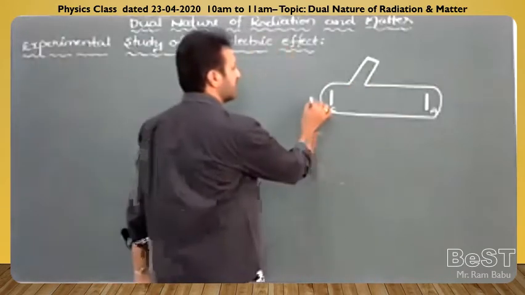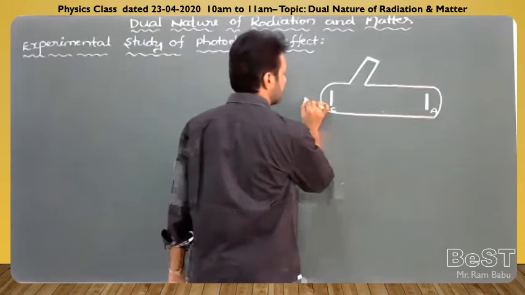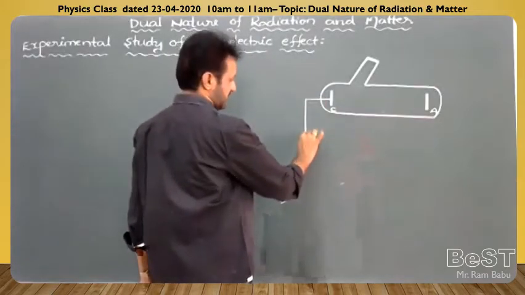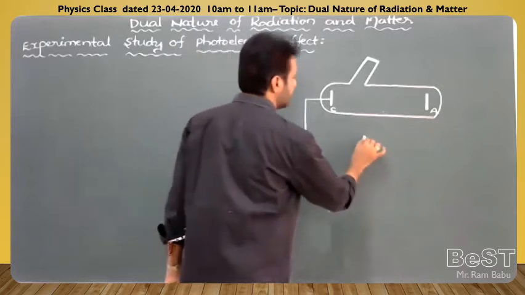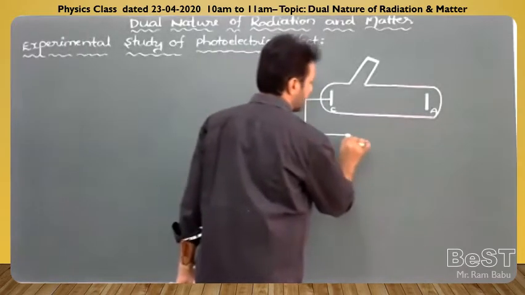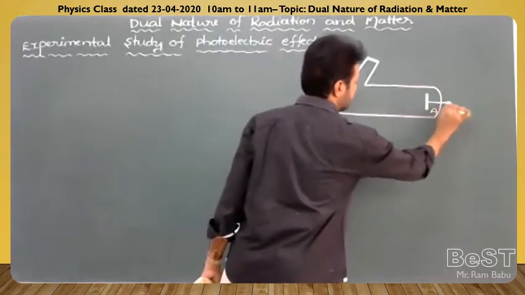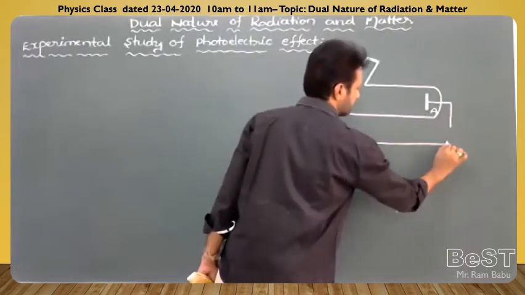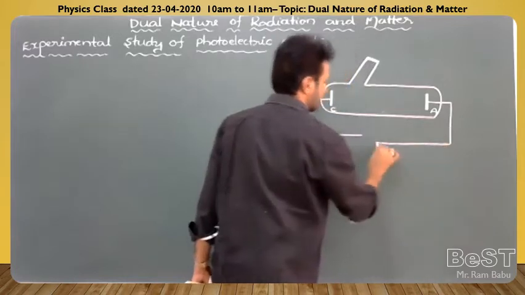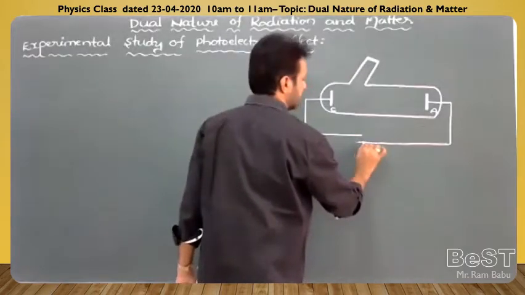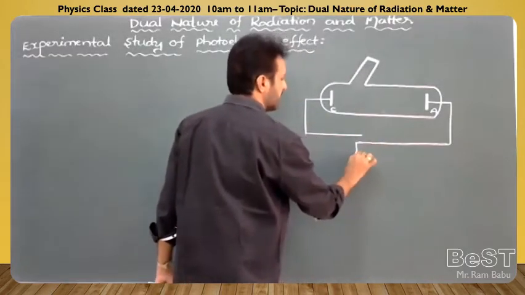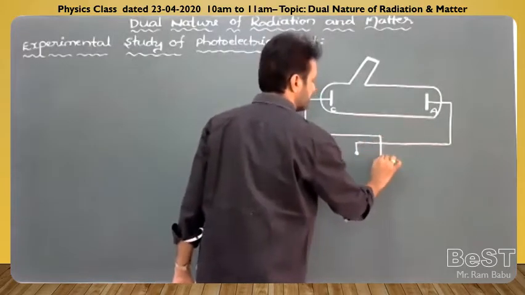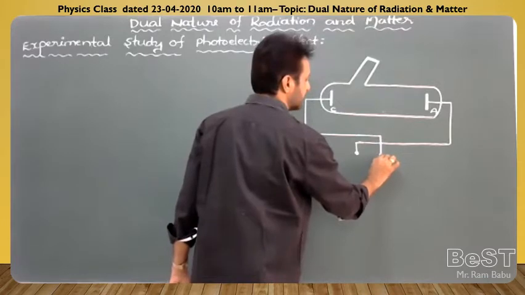Here the cathode and anode are both connected to one reverse switch, which is also called a commutator. Here I am connecting the cathode to one terminal of the reverse switch, and the anode is also connected to the other terminal of the reverse switch like this.